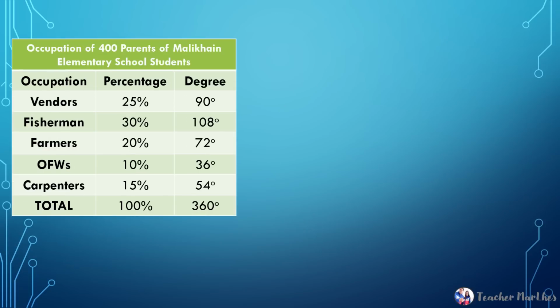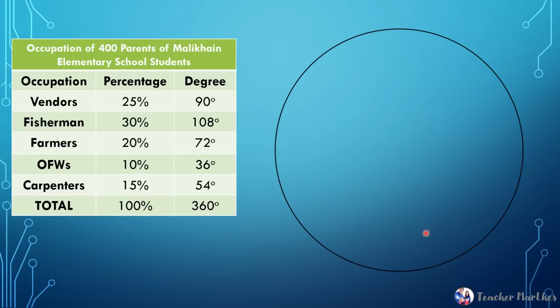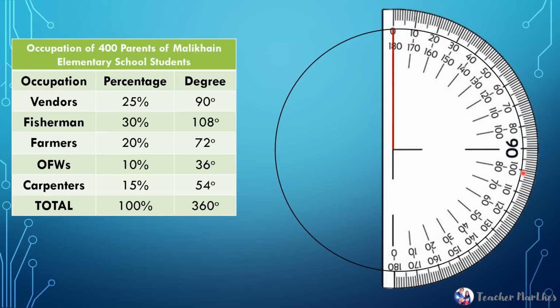Another example, let us draw a pie graph about the occupation of 400 parents of Malikhain Elementary School students. So, same process, draw a circle, then create a line from the center. So, kailangan pantay ang linyang ito ng protractor sa linyang ginuhit kanina.